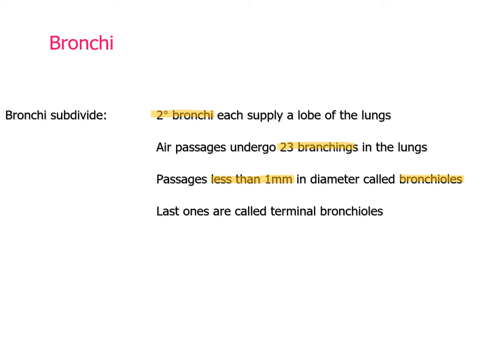And the very last ones are called terminal bronchioles, at least the last in terms of the conducting zone. We're still in the conducting zone so far. Okay? Conducting zone, remember, goes all the way up to the nose, from the nose down till the terminal bronchioles.